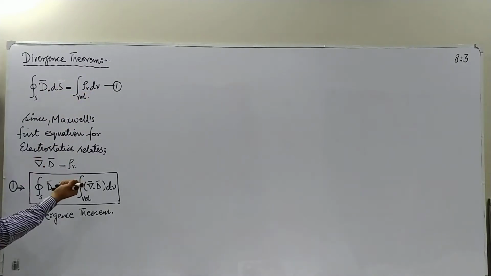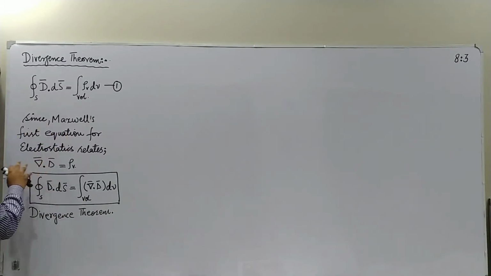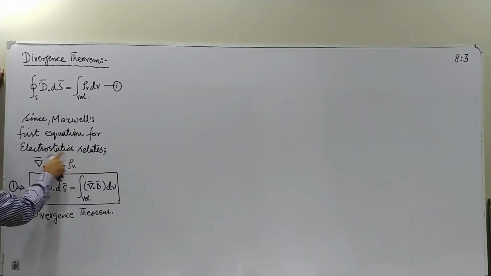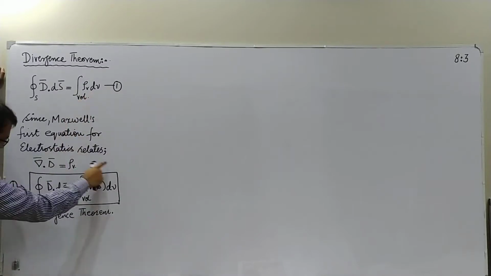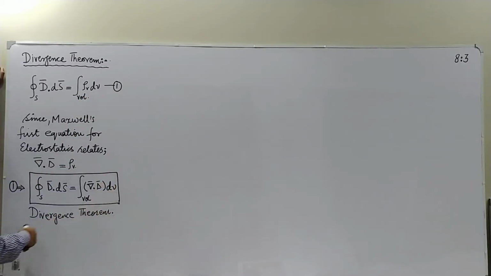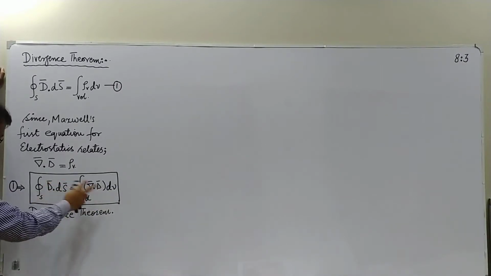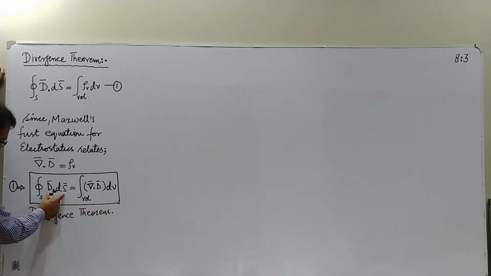Since we discovered at the end of chapter number 3 that Maxwell's first equation as related to electrostatics is given by the divergence of electric flux density equals the source density, which is charge density, if I replace this fact in equation number 1, I get this very important relationship in which on both sides of the equation we have the field, which is electric flux density.